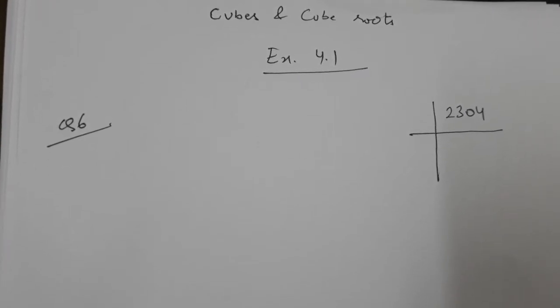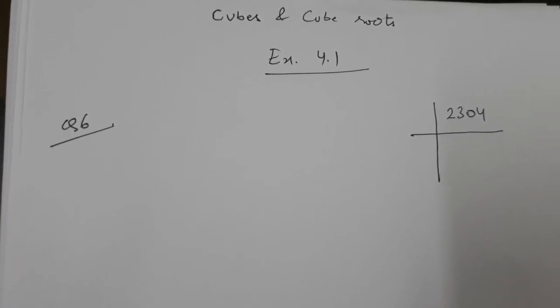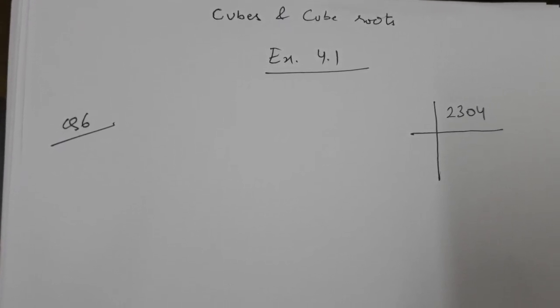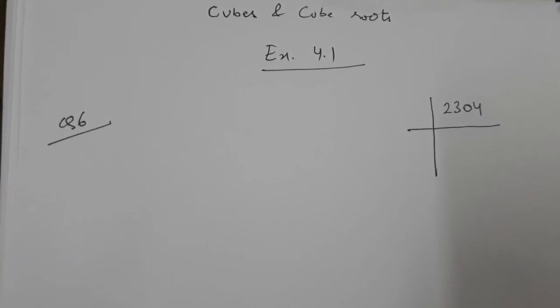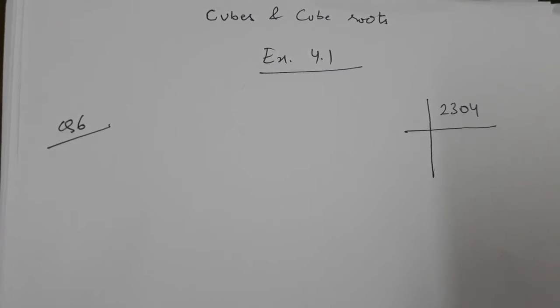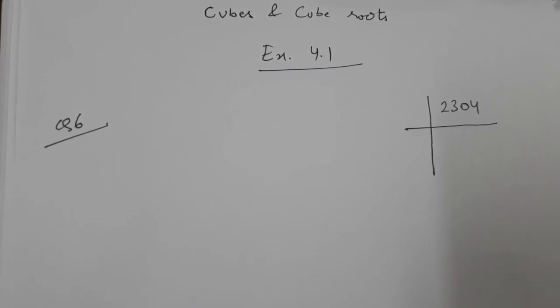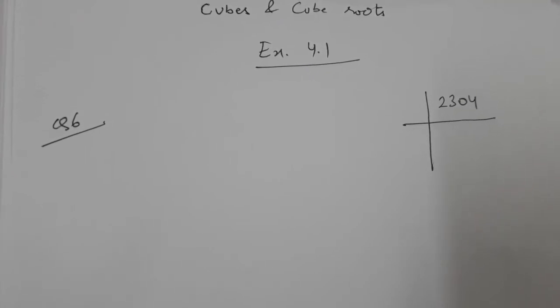Once I finish the cubes and cube roots, as it is a little chapter, I'll manage it in 3 or 4 more videos, and then I'll resume the factorization of algebraic expressions. So in this video, let's check out how to solve question number 6 to 10.